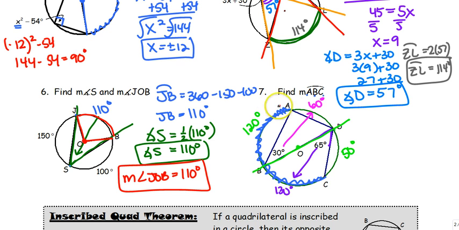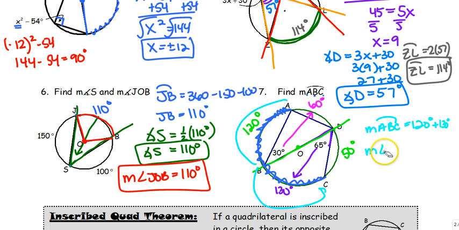So when I'm looking to go from A to B to C to find the measure of that arc, I have to add together that 120 and the 130. Arc ABC was 250 degrees.